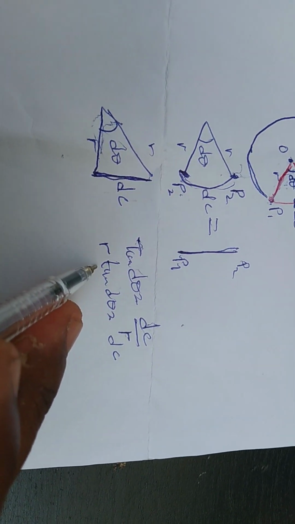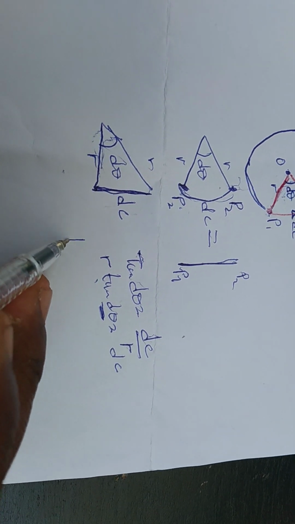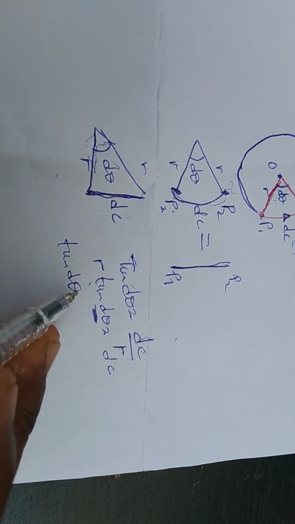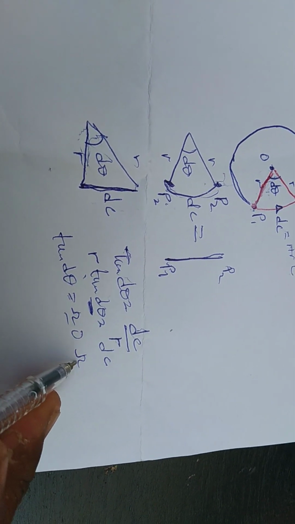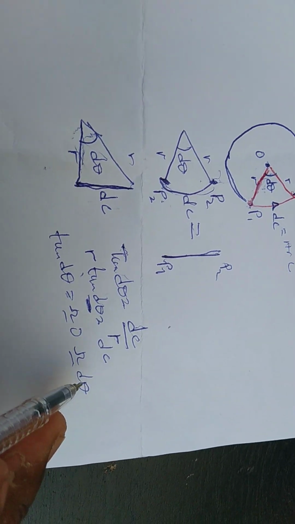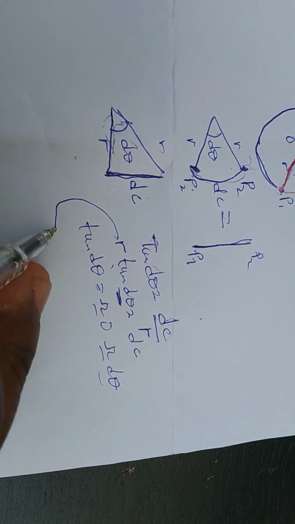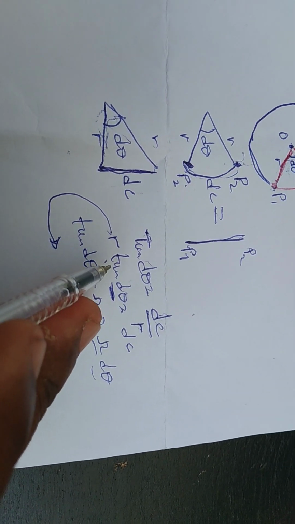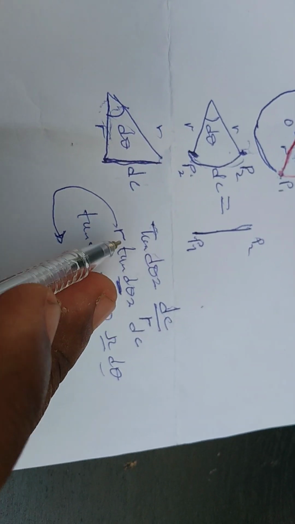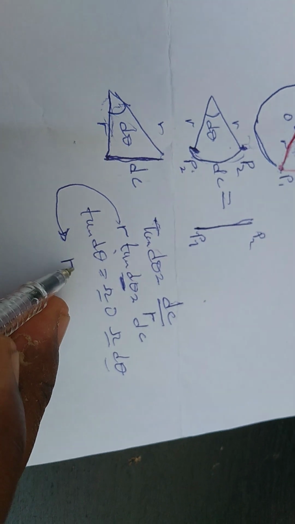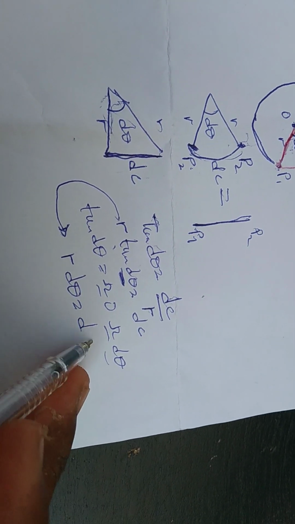But because theta is very small, tan theta is approximately equal to theta. So I can rewrite the expression as r theta instead of r tan theta. So I have r theta is equal to DC.